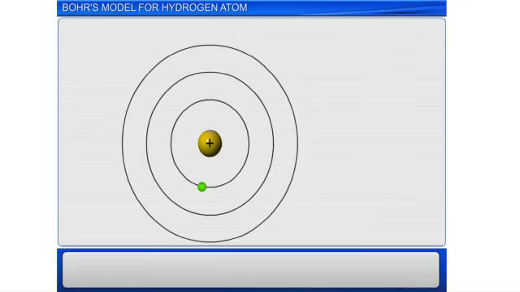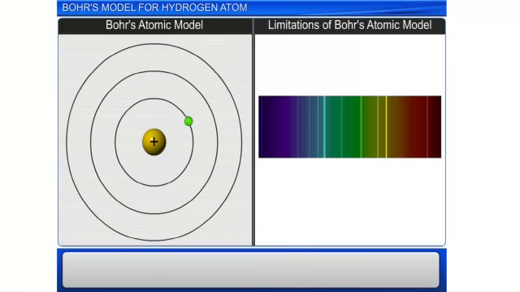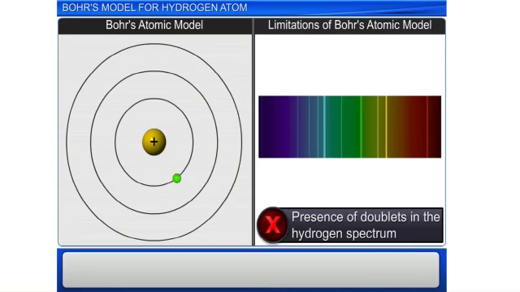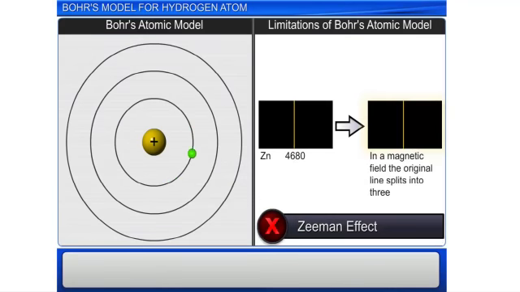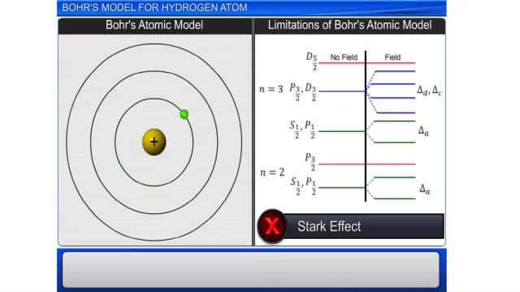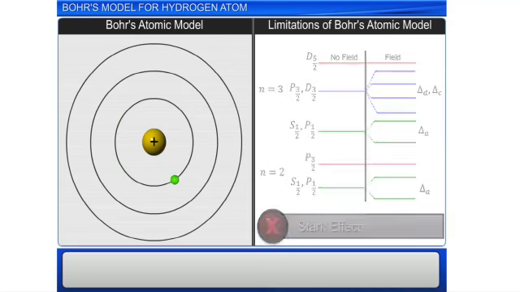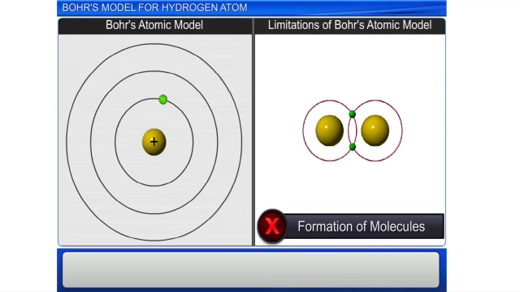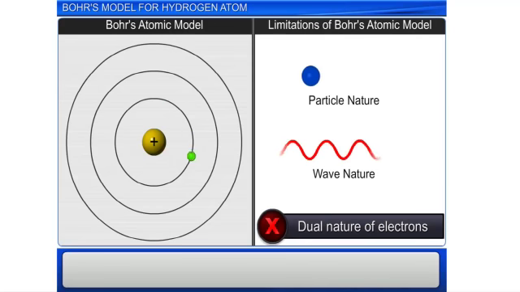However, it could not explain the line spectrum of multi-electron atoms, presence of doublets in the hydrogen spectrum when observed through sophisticated spectroscopes, the splitting of spectral lines in the presence of magnetic field, a phenomenon called Zeeman effect, the splitting of spectral lines in the presence of electric field, a phenomenon called Stark effect, the ability of atoms to form molecules through chemical bonding, and the dual nature of electrons both as wave and particle.